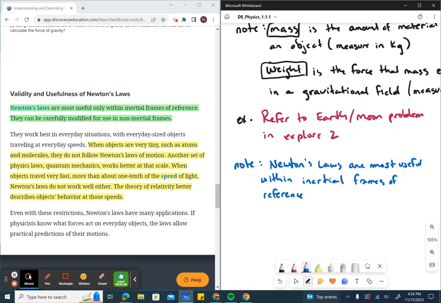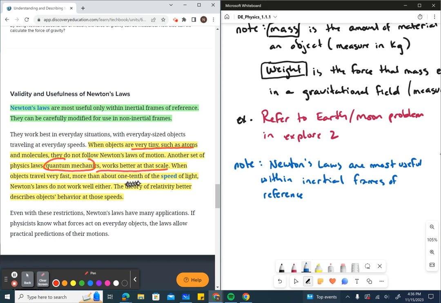When objects are very tiny, such as atoms and molecules, they do not follow Newton's laws of motion. Another set of physics laws, quantum mechanics, works best for that scale, very tiny things. And when objects travel very fast, more than about 1/10 of the speed of light, Newton's laws do not work well either.